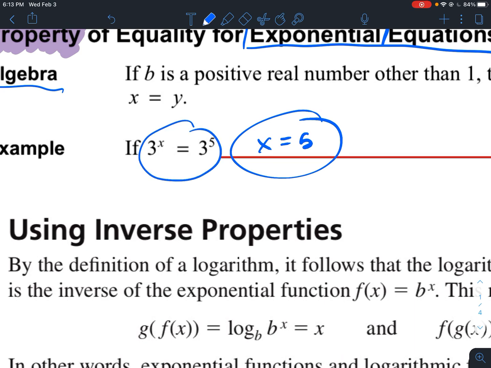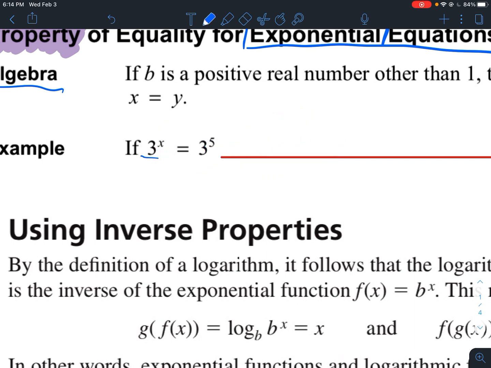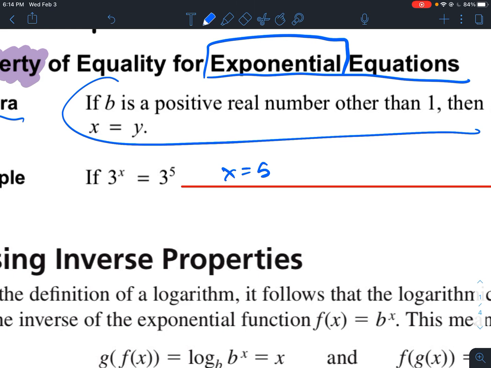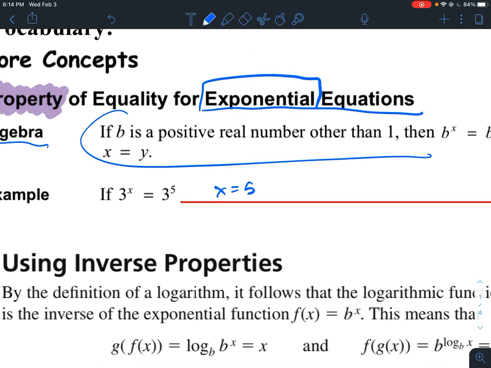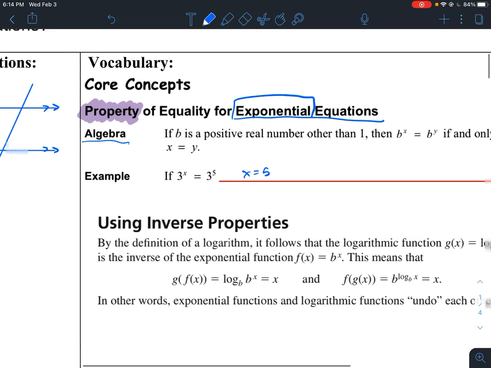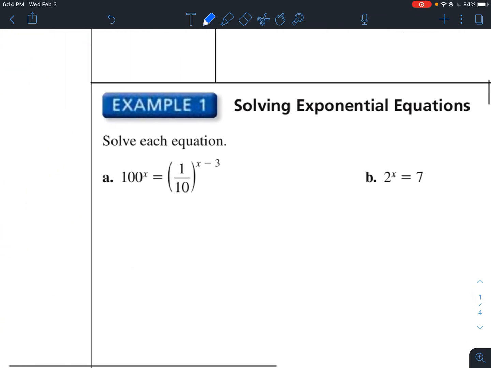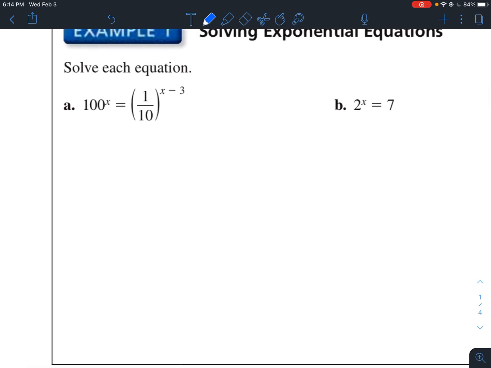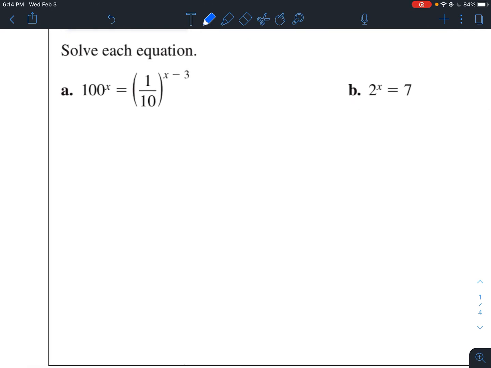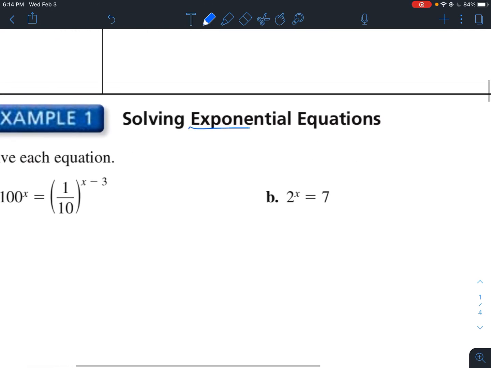Here we can solve for x simply by stating that the exponents are equal to each other because their base is the same number. So x is equal to 5. That's basically what this is saying, but in more simple terms. So let's use this in this example over here. Example 1a, we have an exponential equation.